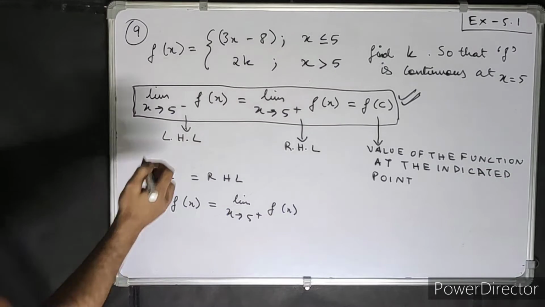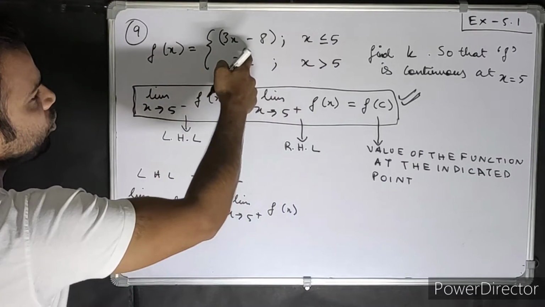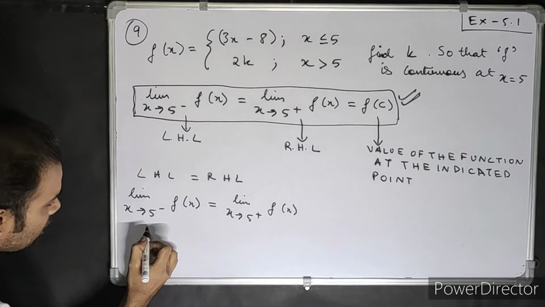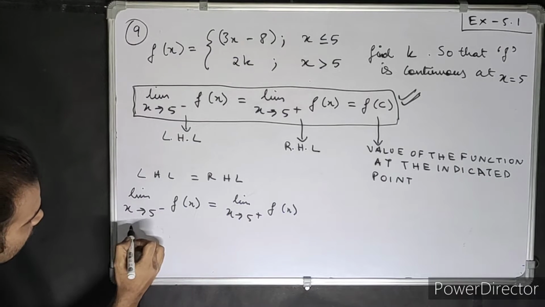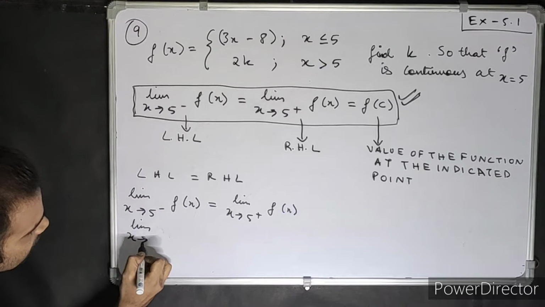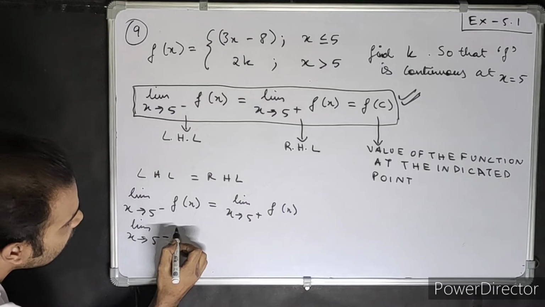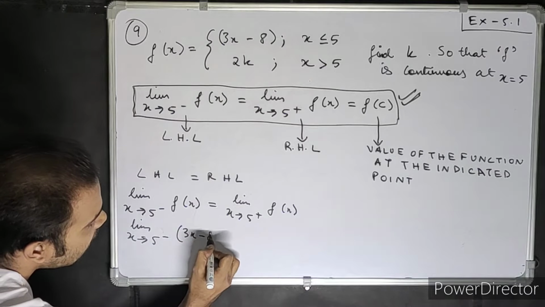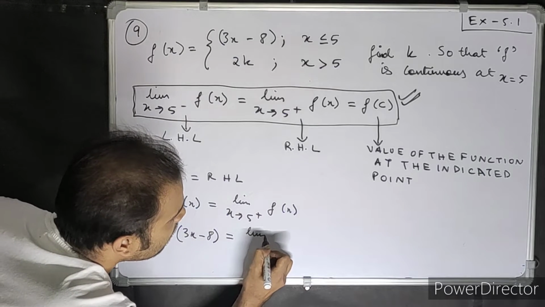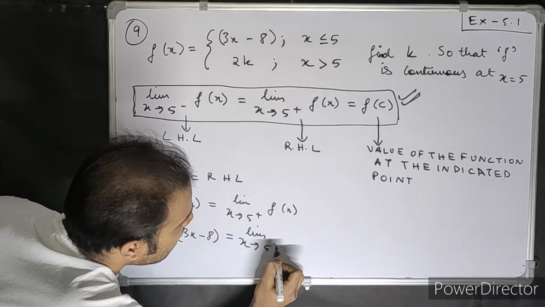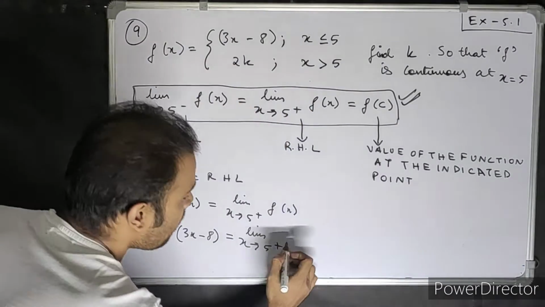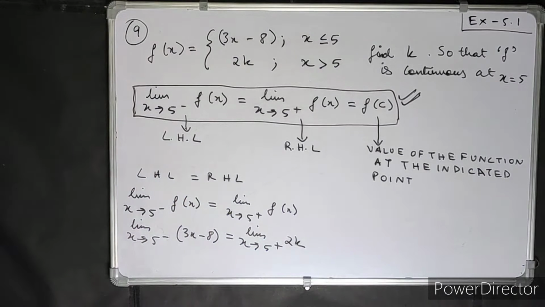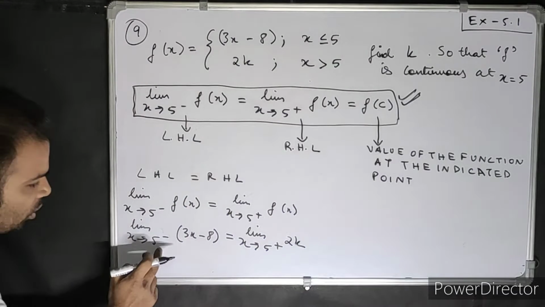So this is the negative part. When less than or equal to, you will have to use that function, so that is 3x minus 8. Limit x tends to 5 negative, 3x minus 8 is equal to limit x tends to 5 positive, when it's greater than 5, 2k. Put the 5 over here.